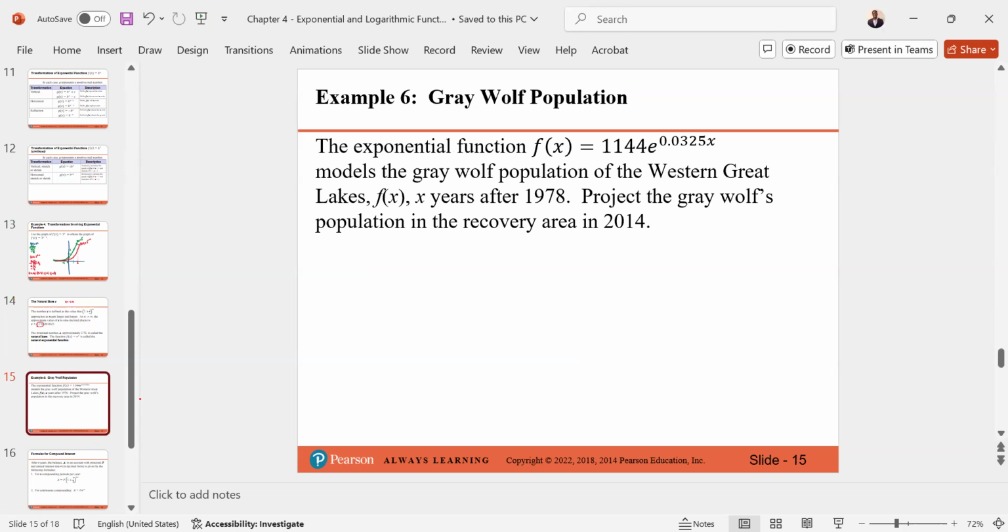So the exponential function f of x equal 1144 e power 0.0325 times x models the gray wolf populations of the Western Great Lakes, x years after 1978. Project the gray wolf population in the recovery area in 2014.